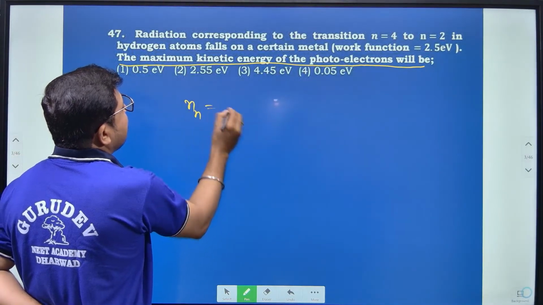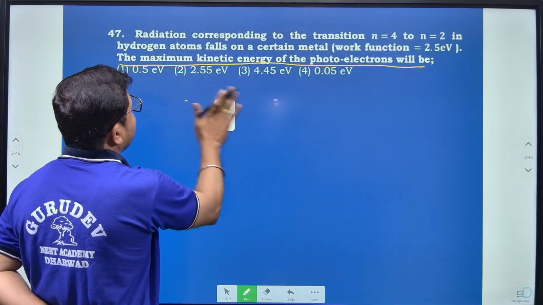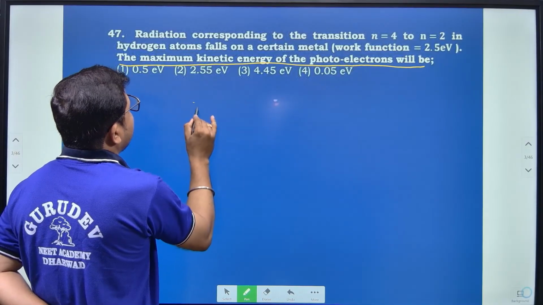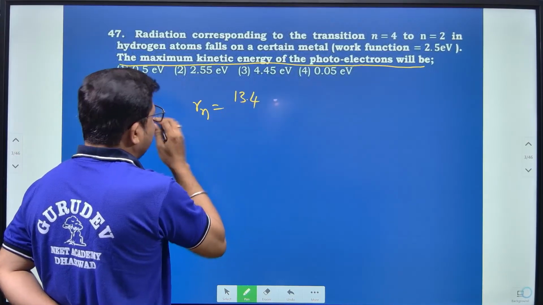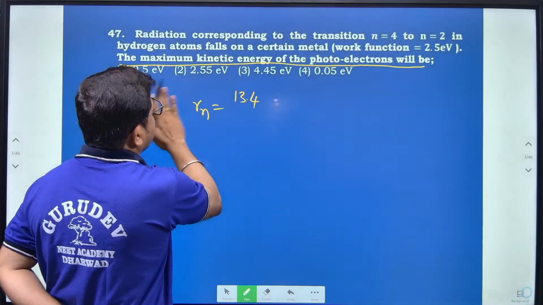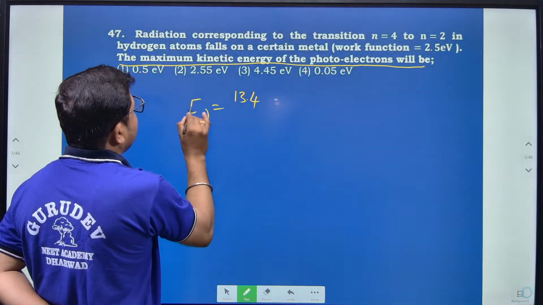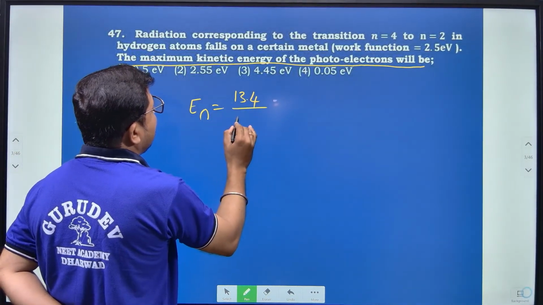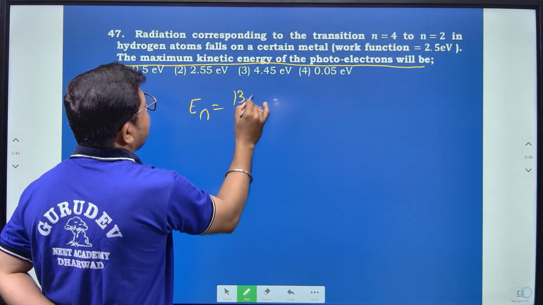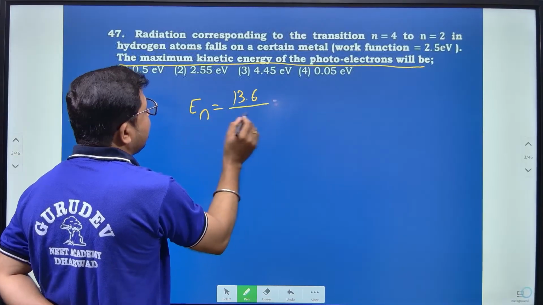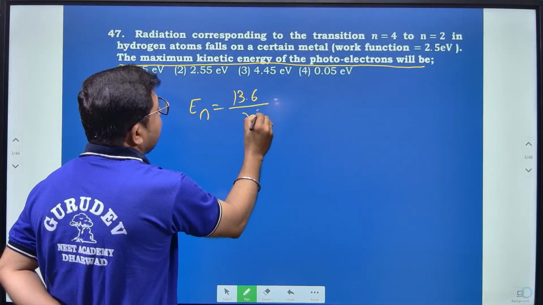Look at this: En is equal to 13.6 divided by n square.